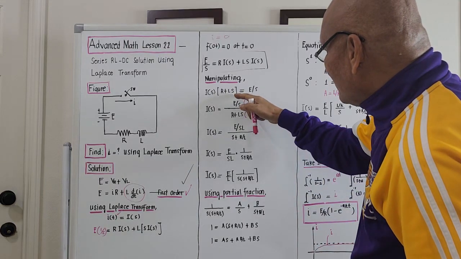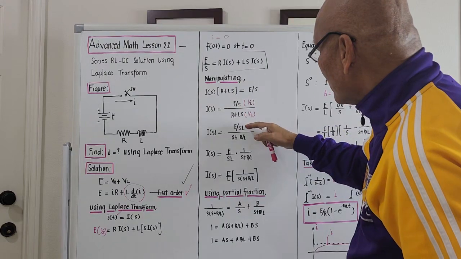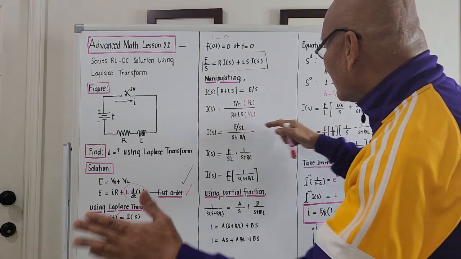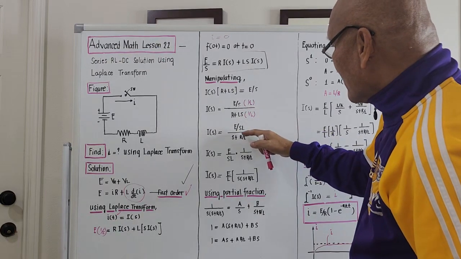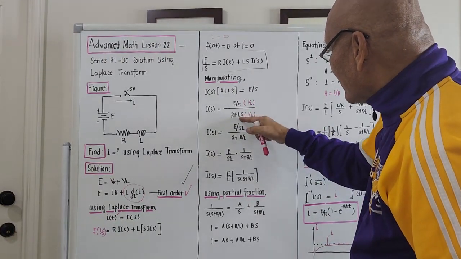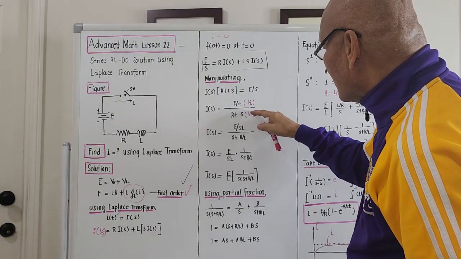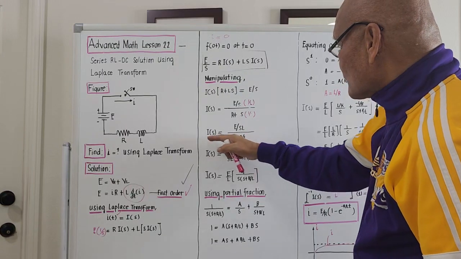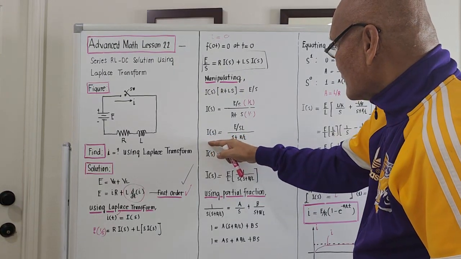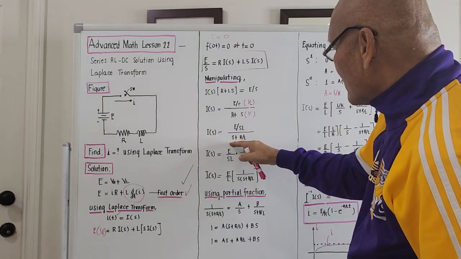It will be E times 1 will be E, S times L will be SL, and for the bottom portion, R times 1 over L will be R over L, and LS times 1 over L cancels. Right? So what remains is just S. So I as a function of S will be E over SL over the sum of S plus R over L.